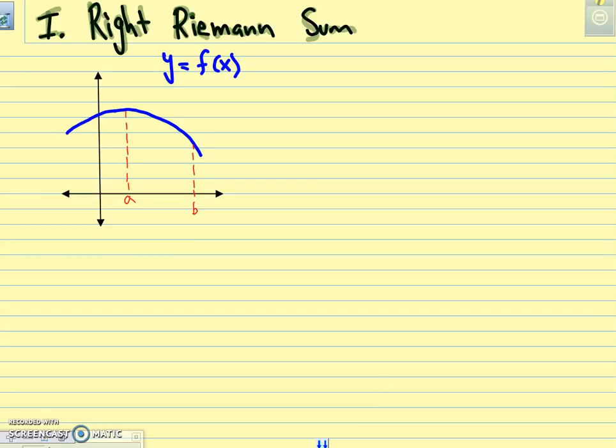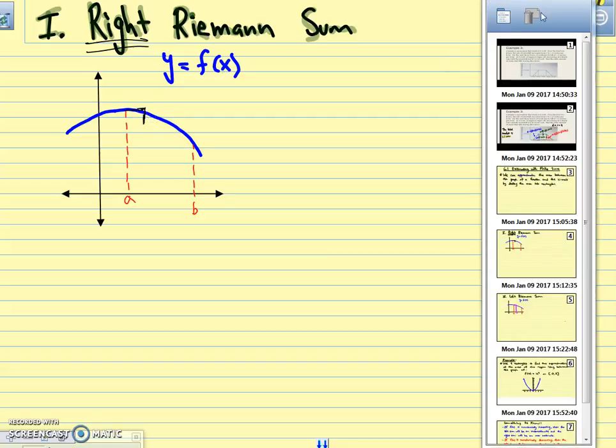Well, we can start off by approximating. Remember, the keyword was approximating. And I'm going to show you guys how to approximate using the right Riemann sum. This is called the right Riemann sum because we are going to create rectangles. Let's say I'm just going to randomly start creating some rectangles here.